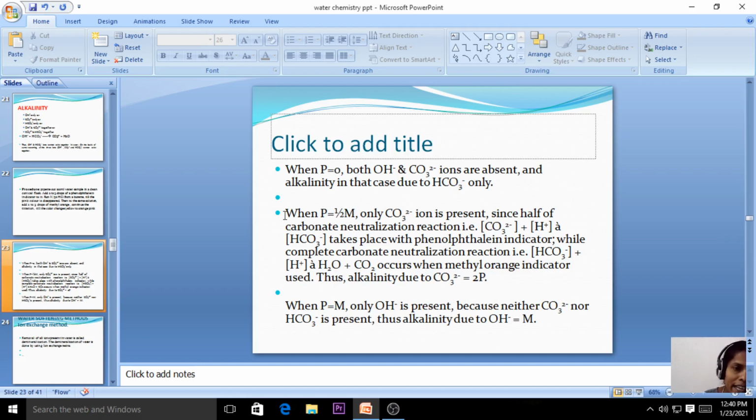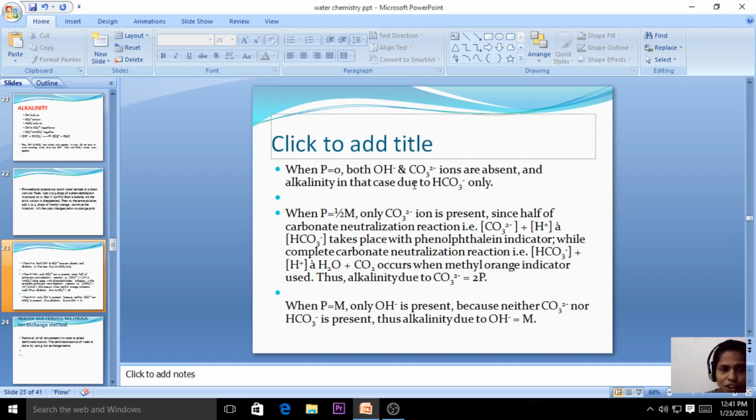So see the LHS and RHS to identify which ions cause alkalinity. OH minus plus half carbonate is equal to half into OH minus plus half into carbonate plus half into bicarbonate. On the left side we have 1 OH minus, here we have half OH minus.